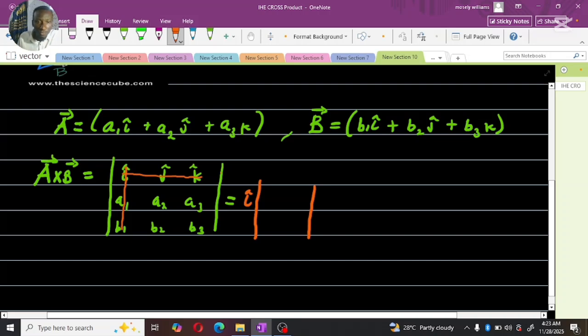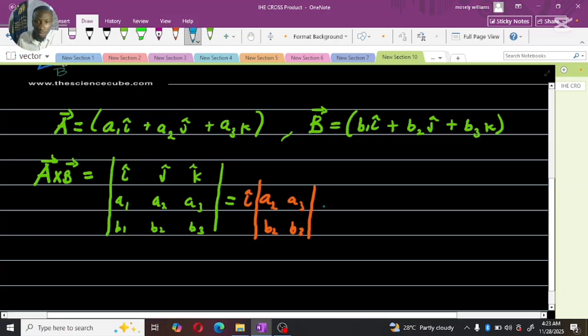So when we cross out the first row and the first column, what do we have left? We have A2, A3, B2 and B3. So we transfer them here. It's as simple as that.